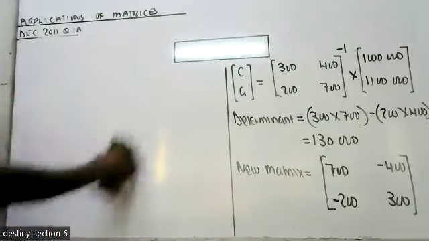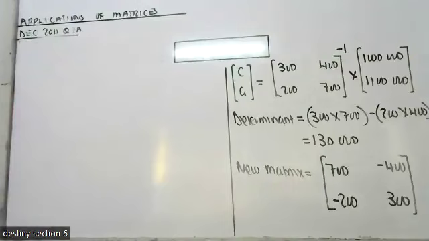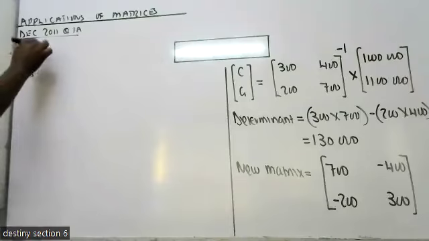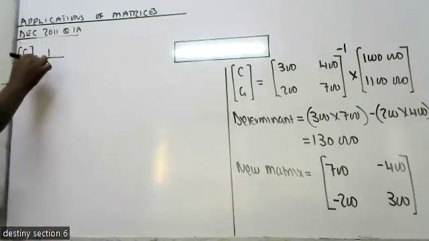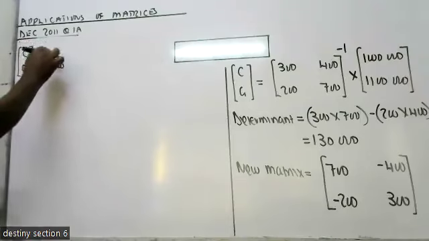Where I will come here and say that C G will be equal to 1 out of the determinant, 1 out of 130,000.